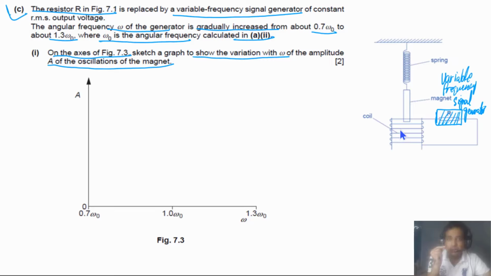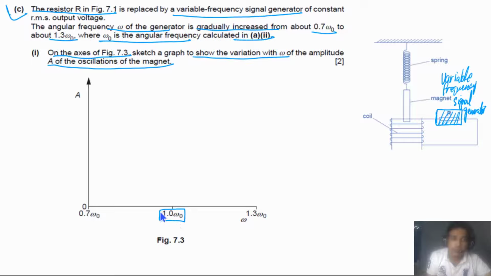If we keep on changing the frequency, at one certain frequency, when the frequency of the magnetic field induced in this coil matches the natural frequency of this oscillating magnet, resonance will take place, at omega naught, at this point.